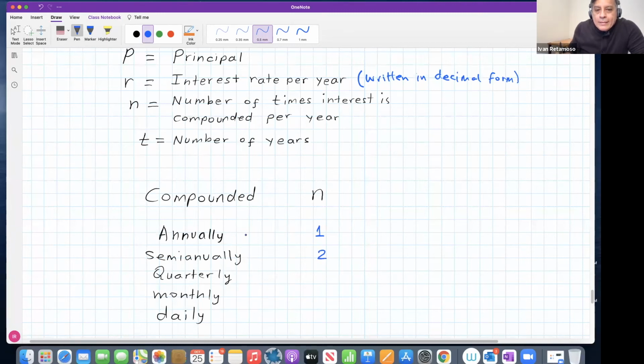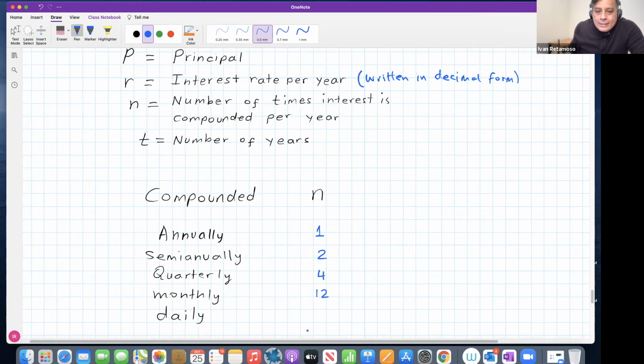If they say that the interest is compounded quarterly, it means 4 times a year, okay, 4 times a year. If they say interest is compounded monthly, it means 12 times a year, right? Because 12 months make up a year. Daily, we have to figure out how many days are in a year, but some years come with fewer days, leap years, right?